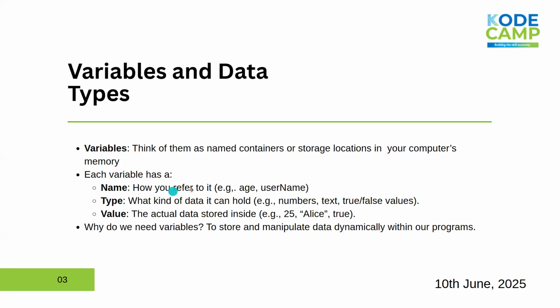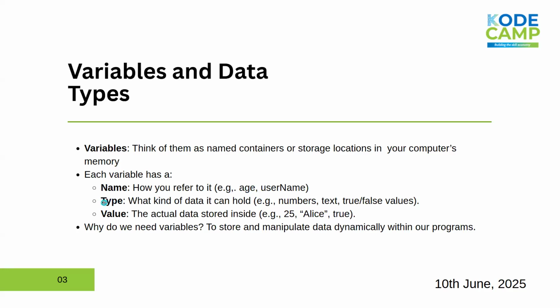So we can have variable names like username, or first name or last name. Last name is saying this variable is actually storing the last name of a particular person. We can have variable names like age, which stores the age of a particular person, which can be maybe 21 or 25 or 29 or 30.